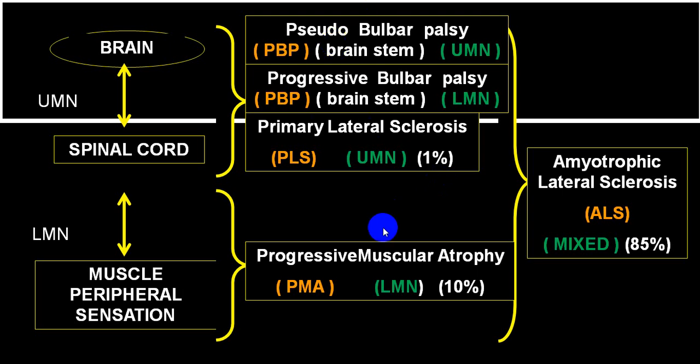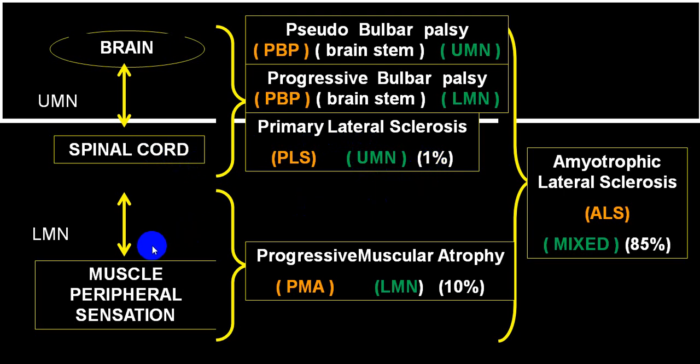Now there is one particular disorder I am interested in talking about. We call it motor neuron disease. This involves the brain, brainstem as well as spinal cord. In the spinal cord, there is a disorder we call primary lateral sclerosis, which is 1% of the motor neuron disease group.